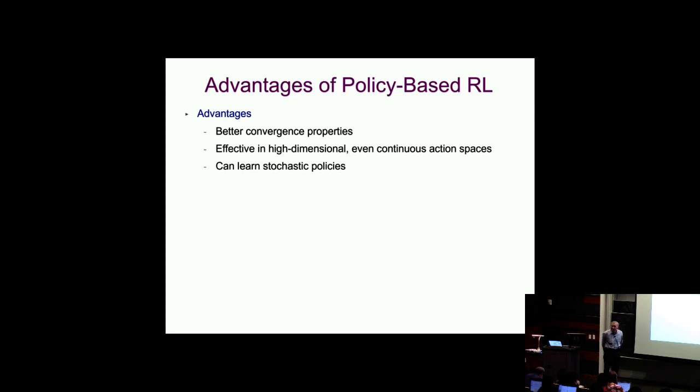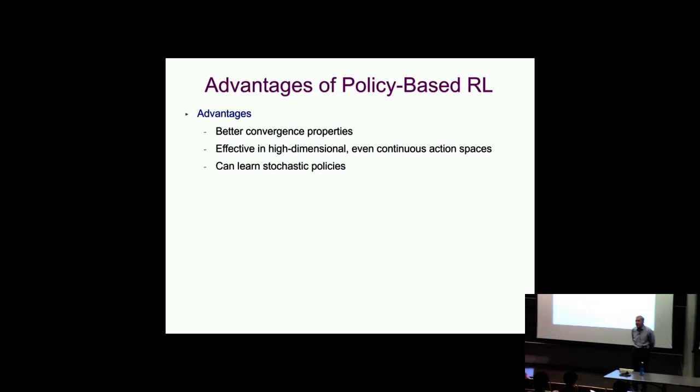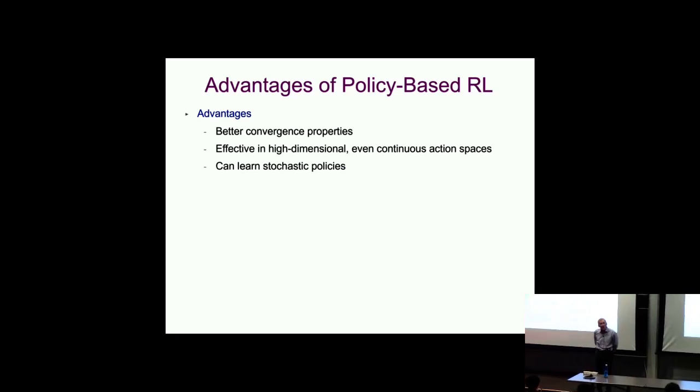Also, if I represent my policy as a neural net that goes from a state to an action, then since neural nets have continuous outputs, I could also think about continuous actions. So instead of saying which action, 1 through n, should I do, I could say there's a continuous action.